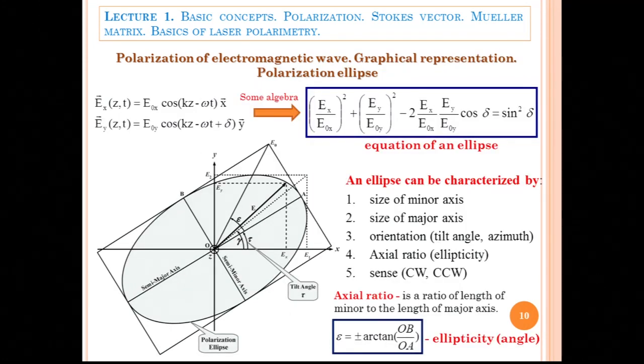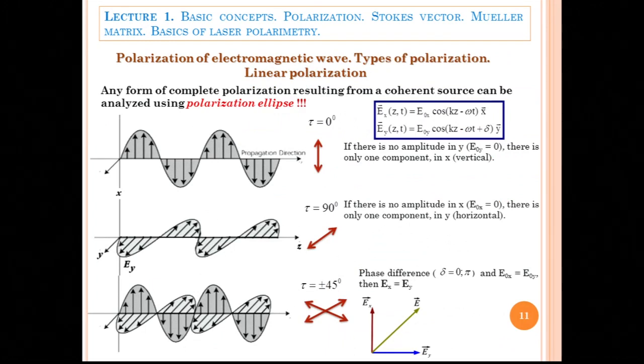If we can return one slide. When y or x is 0, we obtain a simple oscillation in this direction, in the x direction and in the x plane. Here is the propagation direction. The projection of this oscillation on this plane will be linear.